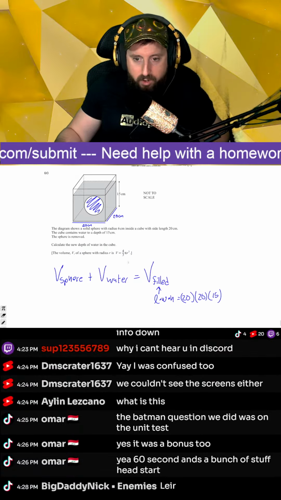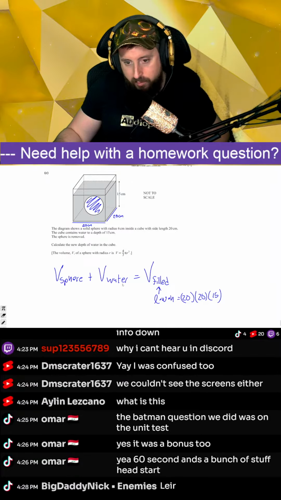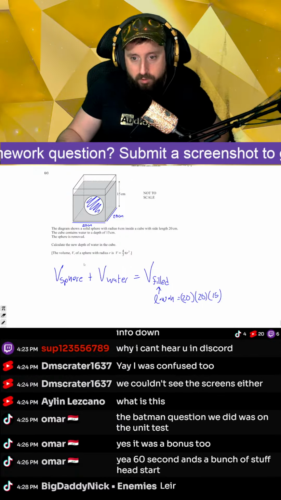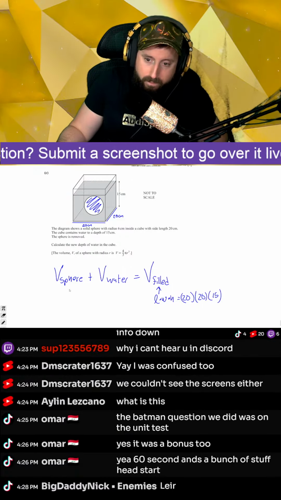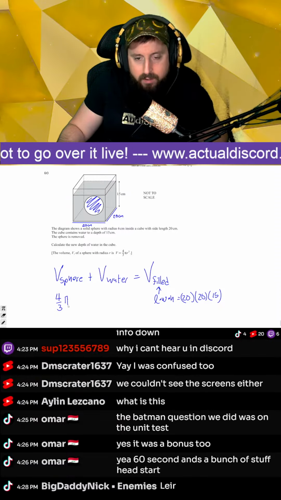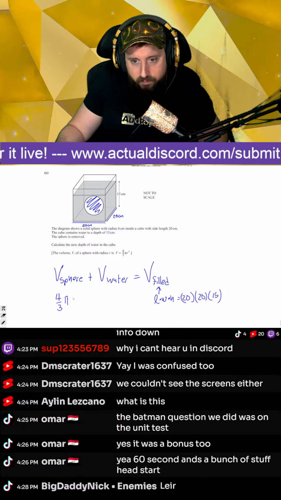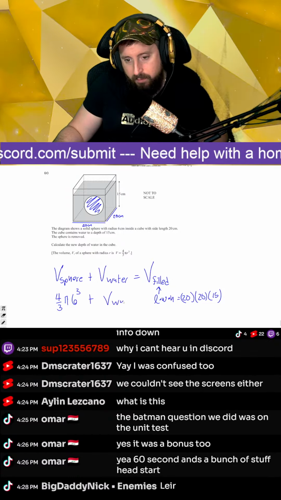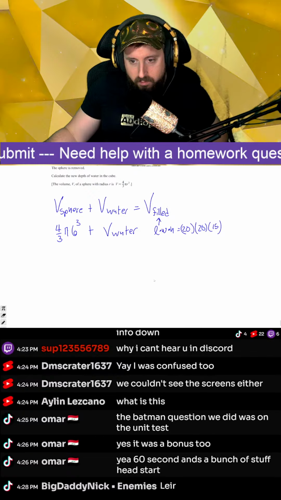Yes, but first we need to know how much water is there. We don't know how much water is in there, right? So I'm going to show you how we figure that out. What do we know the volume of the sphere is? 4/3 pi r cubed. Good, so that's 4/3 pi, and they said the radius was 6, so 4/3 pi 6 cubed, plus V water. Do you see how this is going to help us?